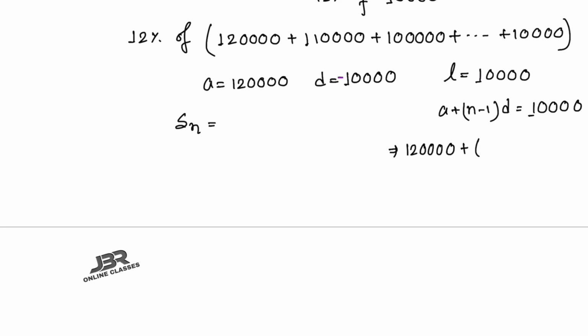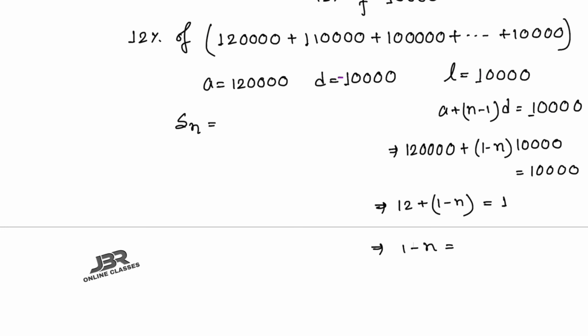So you can write down here 1 minus N, and then here 10,000, because minus multiply with this one, it will be 1,20,000 minus 10,000 into (1 minus N)... that one equal to 10,000. Now divided by 10,000, it's 12. Then here 1 minus N, that one equal to here 1. So here 1 minus N equal to 1 minus 12, so minus 11. So that means here N equal to 12. Okay, N equal to here 12.